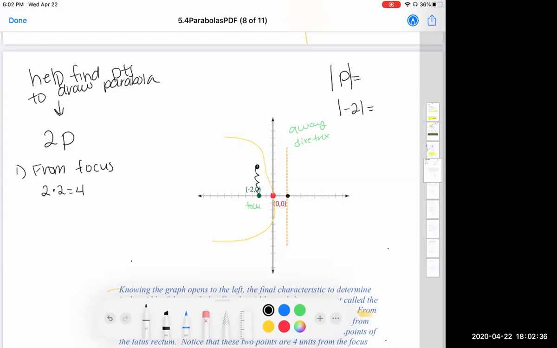We have this point here. 1, 2, 3, 4. Which is this point here. And those are the actual points of our parabola. So now we can actually go ahead and draw our parabola. So from our vertex, we go ahead and connect those points.